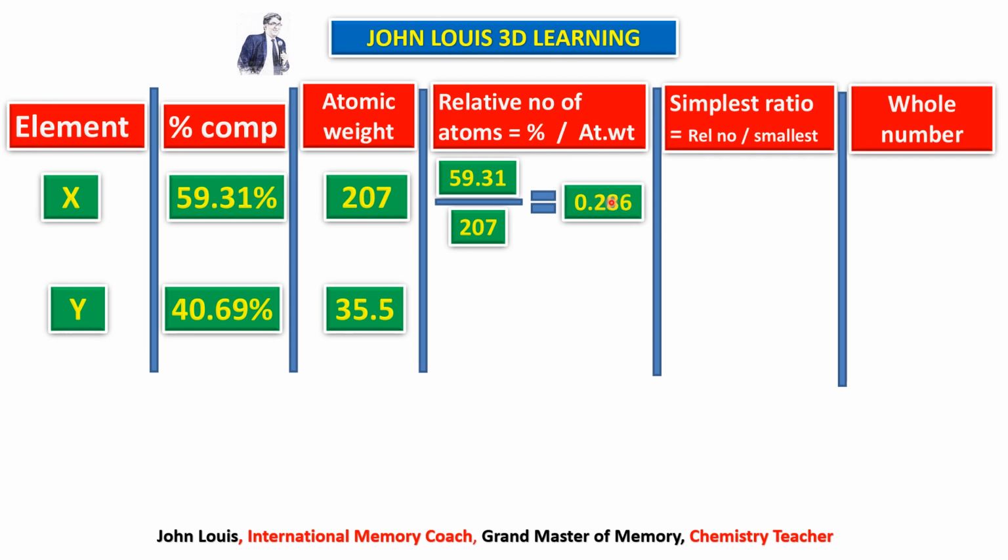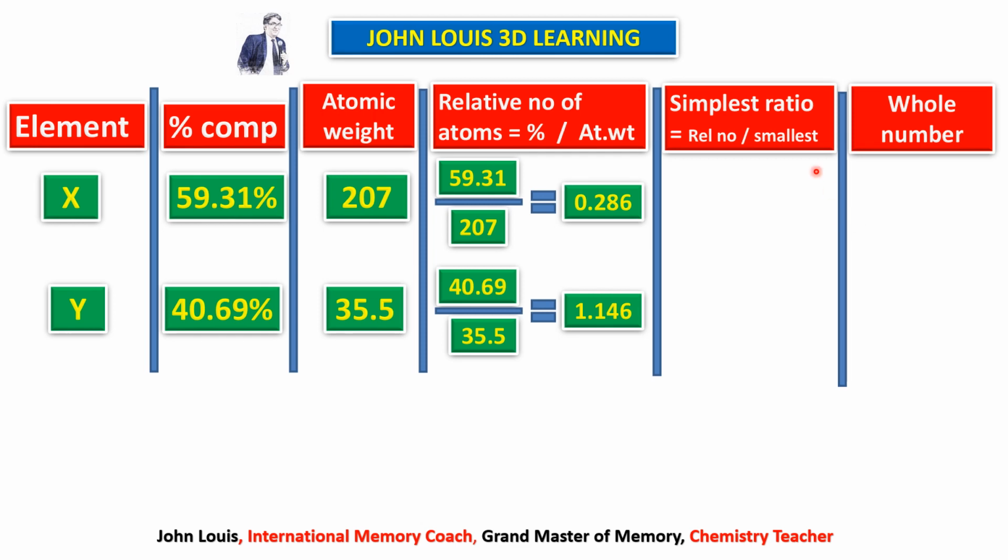If we do that here, we will get 0.3. For the time being we take all the 3 digits. And second one, Y is equal to 40.69 divided by 35.5, which is equal to 1.146. Among these two, which is the smallest? 0.286 is the smallest.